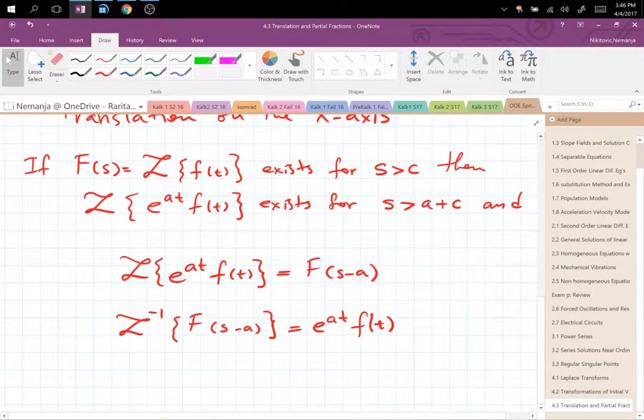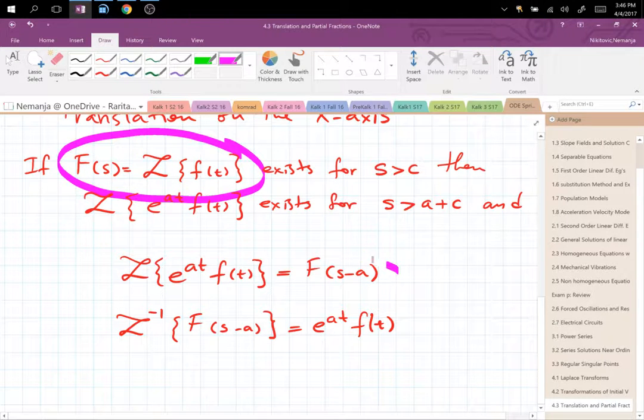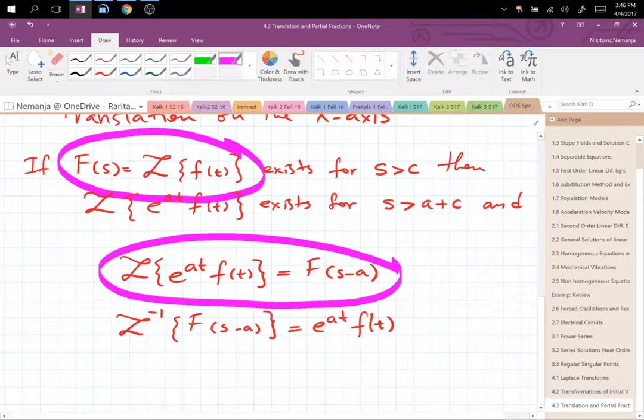Well, if you focus on just the Laplace transform of the function, it gives you F of s, right? So you're changing the domain t into domain s. You're changing the function f into function capital F of s. So everything changes. Domain changes and the function changes.